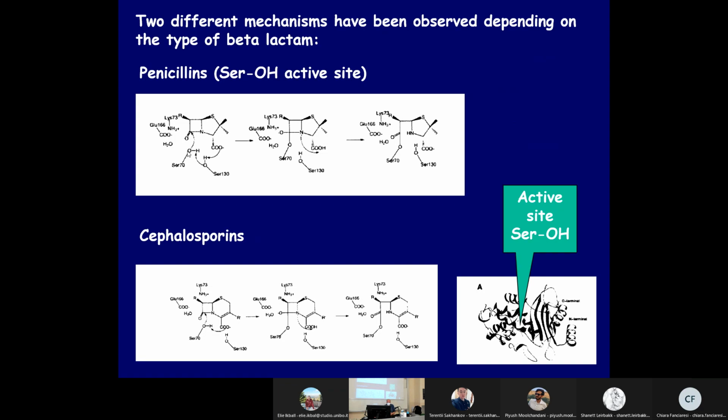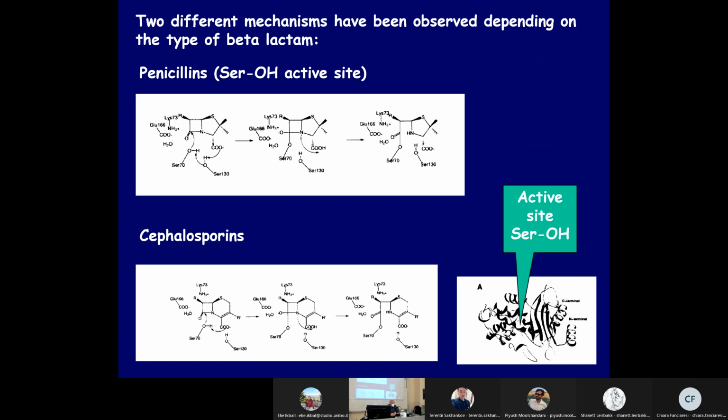This alcoholic O- is a very potent nucleophile, able to attack the carbon atom of the beta-lactam ring and open it. Which one, Professor? It is represented by a serine residue, the alcoholic O- group.